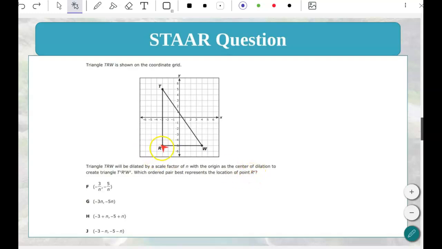So don't get hung up with them telling you all of this, but just focus on what they're telling you about the scale factor n. So you've got the triangle TRW and a scale factor of n with the origin as the center of dilation.